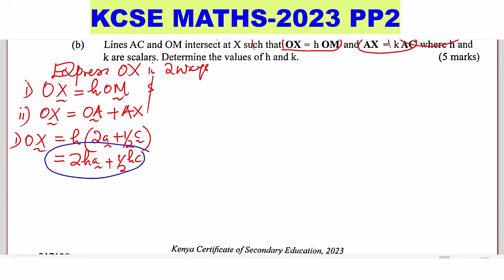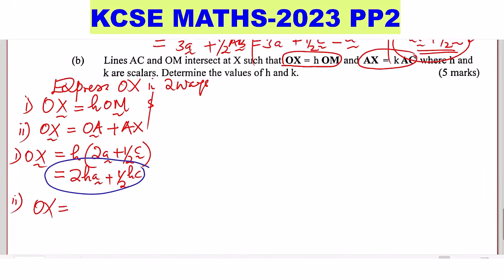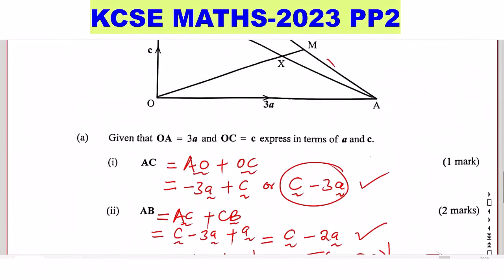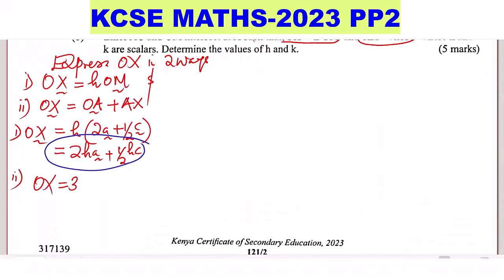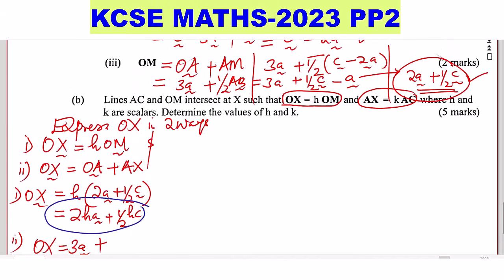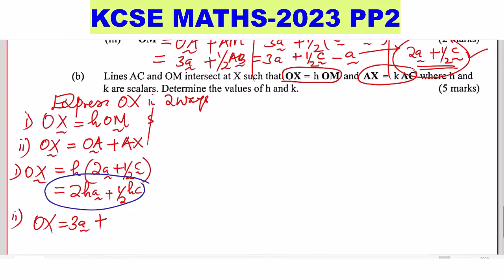The second one is here, OX is equals to OA, and OA is given as 3A, plus AX. AX is here given by KAC. You're given that in the statement, KAC.